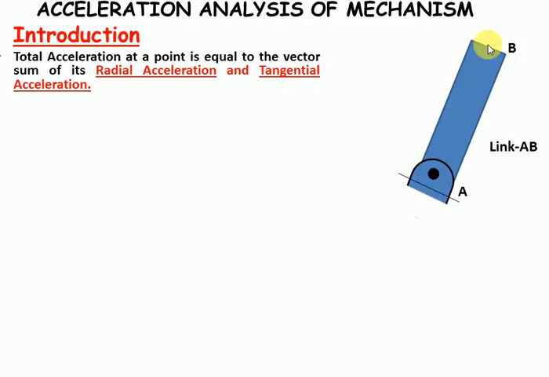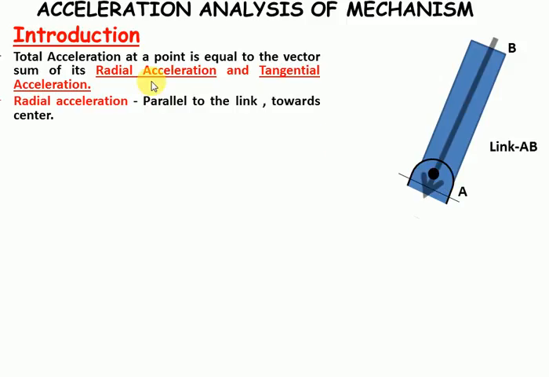will be the vector sum of the radial acceleration of point B with respect to A plus the tangential acceleration of point B with respect to A. What is radial acceleration? It acts parallel to the link and towards the center.